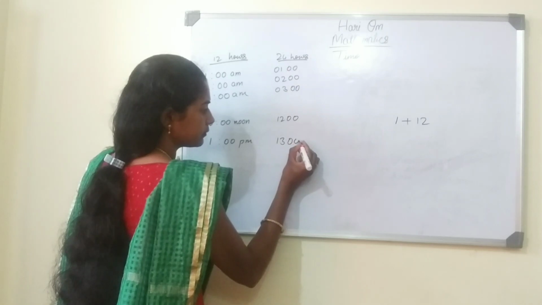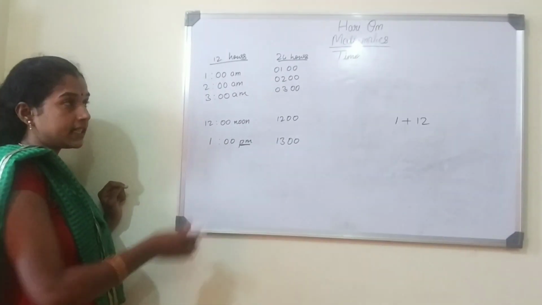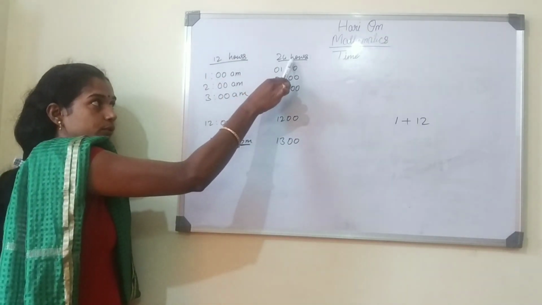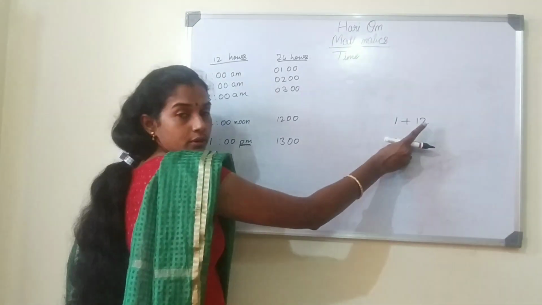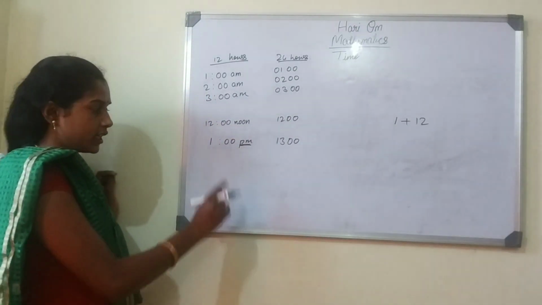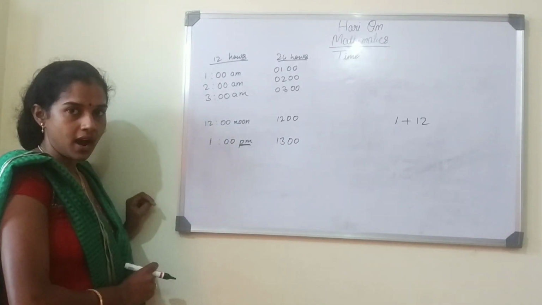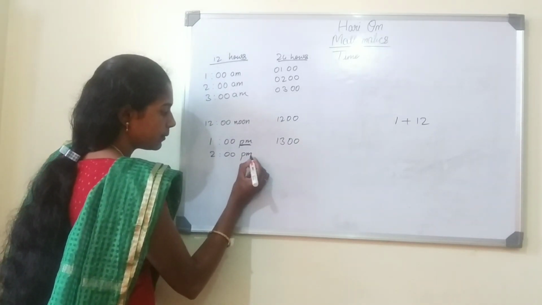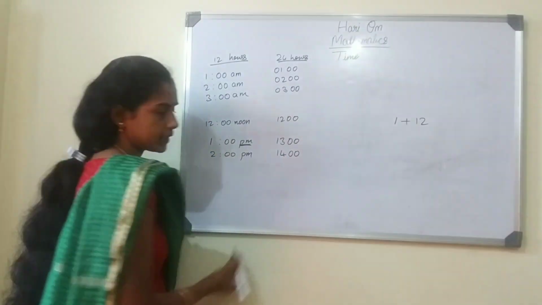Okay, so if it is p.m., that is changing from 12 to 24, we are going to add 12 to it. So 1 plus 12 will be 13. So it is 13 hours. So if it is 2 PM, 2 plus 12 is 14. So 14 hours.